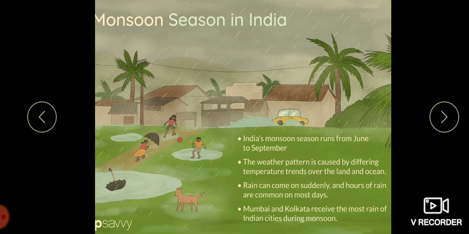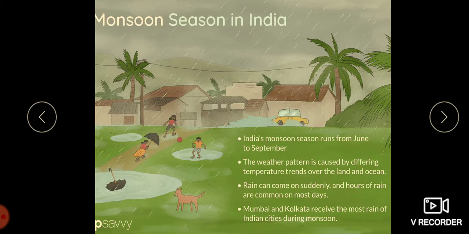On the other hand, in the Indian Ocean there is high pressure. The moisture laden winds blow from the southwest towards India. During this time, India gets 75% of its rainfall.